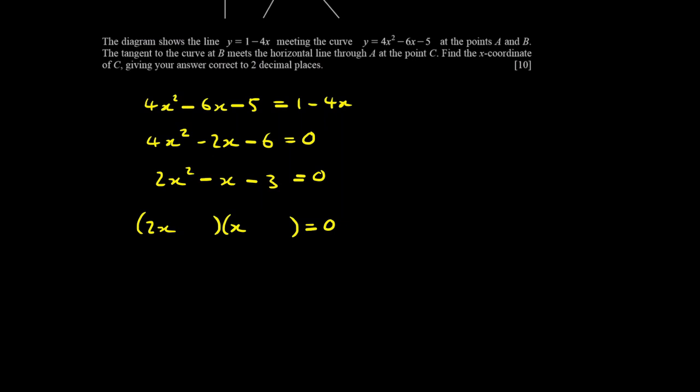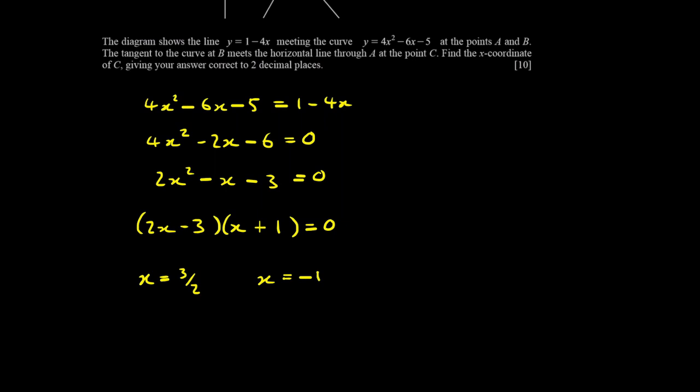Well, I think the way we do that is if that's negative 3 and that's positive 1. Let's just double check that. 2x times 1 is plus 2x. Negative 3 times x is negative 3x, so 2x minus 3x is minus x. So that's going to leave us with 2 solutions. Either x is equal to 3 upon 2, or x is equal to negative 1.